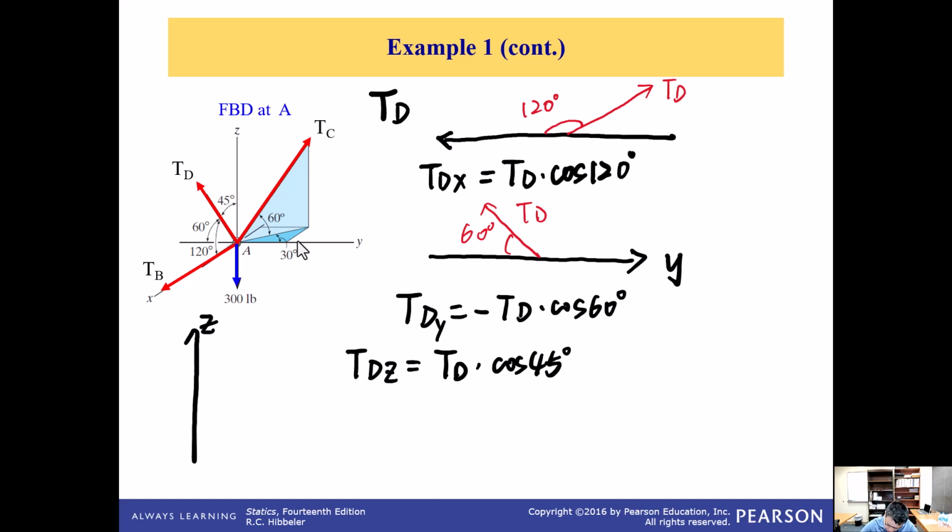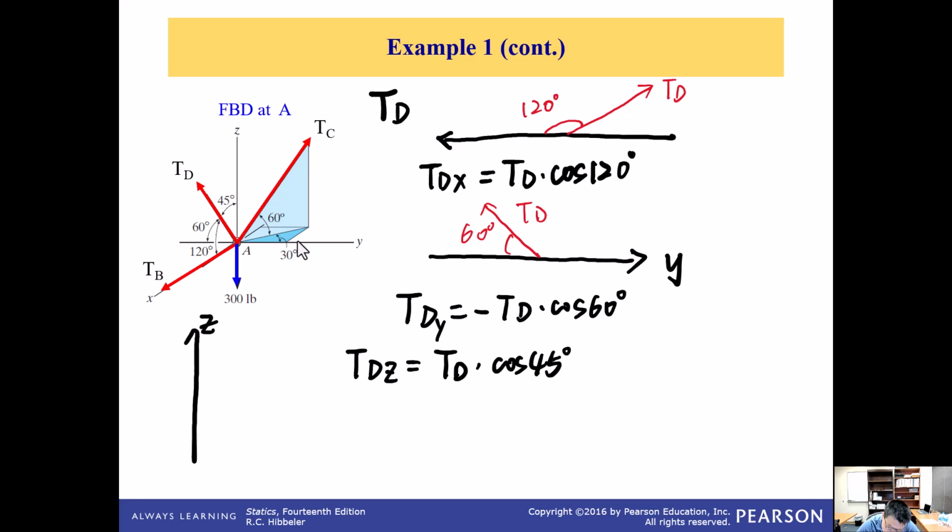So TD's vector becomes TD times cosine 120 in the i direction, minus cosine 60 in the j direction, and plus cosine 45 in the k direction.